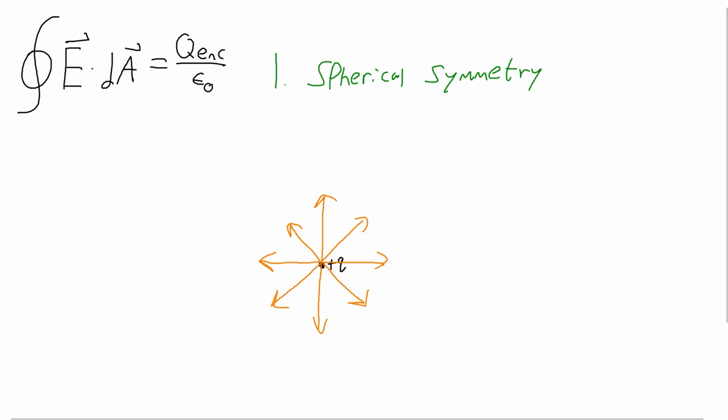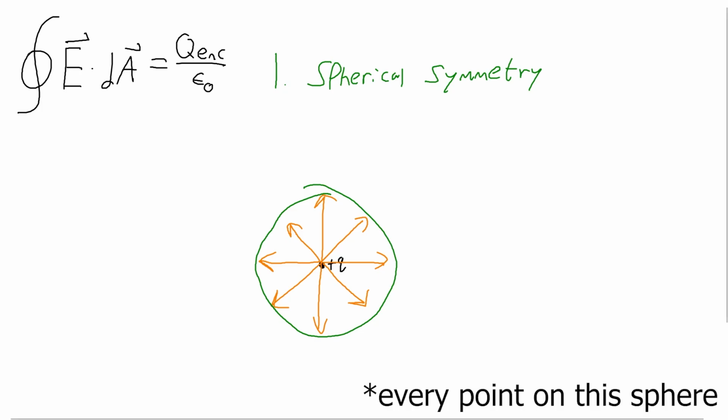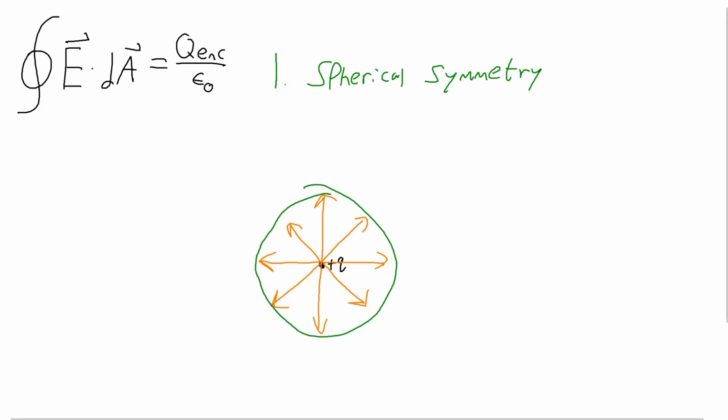So you can say that there's a circle or a sphere around this point charge, and every point on this sphere is going to have the same magnitude of E. So this sphere here with the radius r is our Gaussian surface.